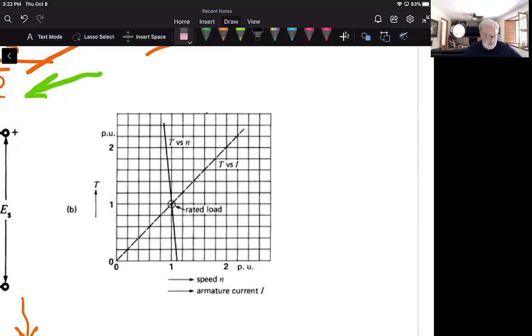What that tells me is that for this situation, there's not much variance between the torque and the speed. That's something else we want to file away and consider when we're thinking about a shunt connected motor. But for the time being, let's make sure we can read these values and understand that we've got two curves, it's in per units, it's torque versus speed, it's torque versus current, and we're working off of that.